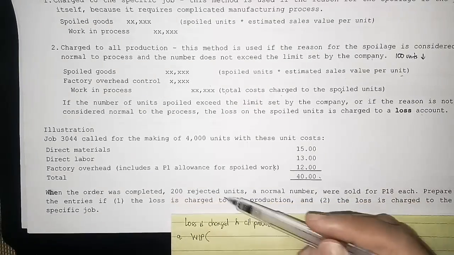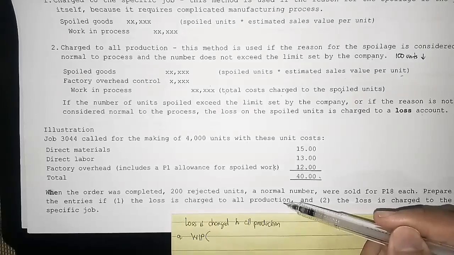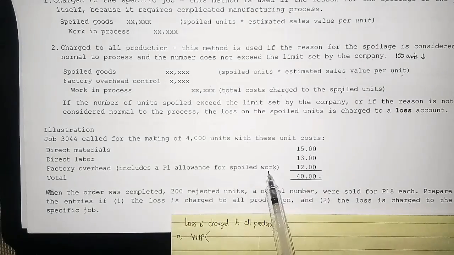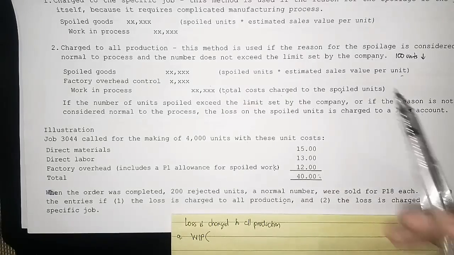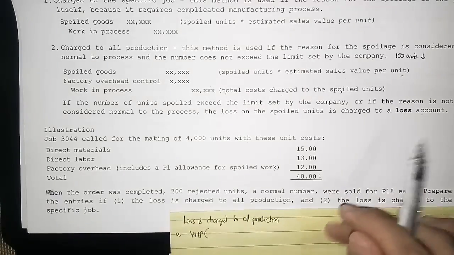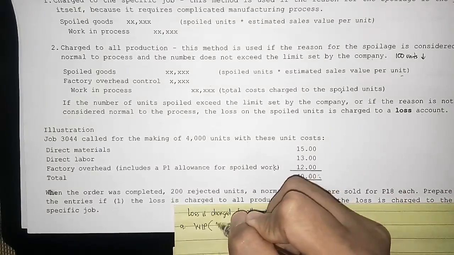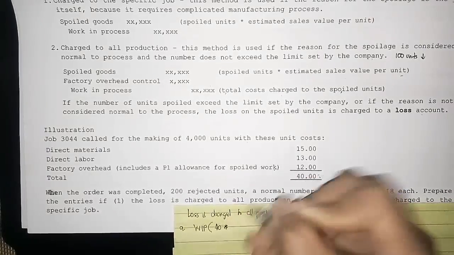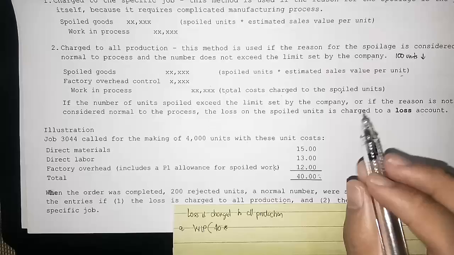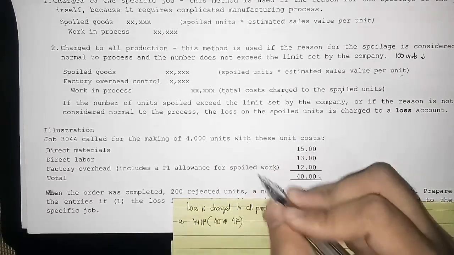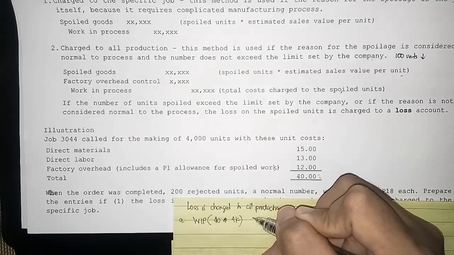Kaya, kapag loss is charged to all production, and kapag may given na mga gantong allowance for spoiled work, i-consider natin siya sa pag-determine ng unit cost ng product. So, 40 pesos times number of units na ginawa or gagawin ay 4,000 units. That is 160,000.